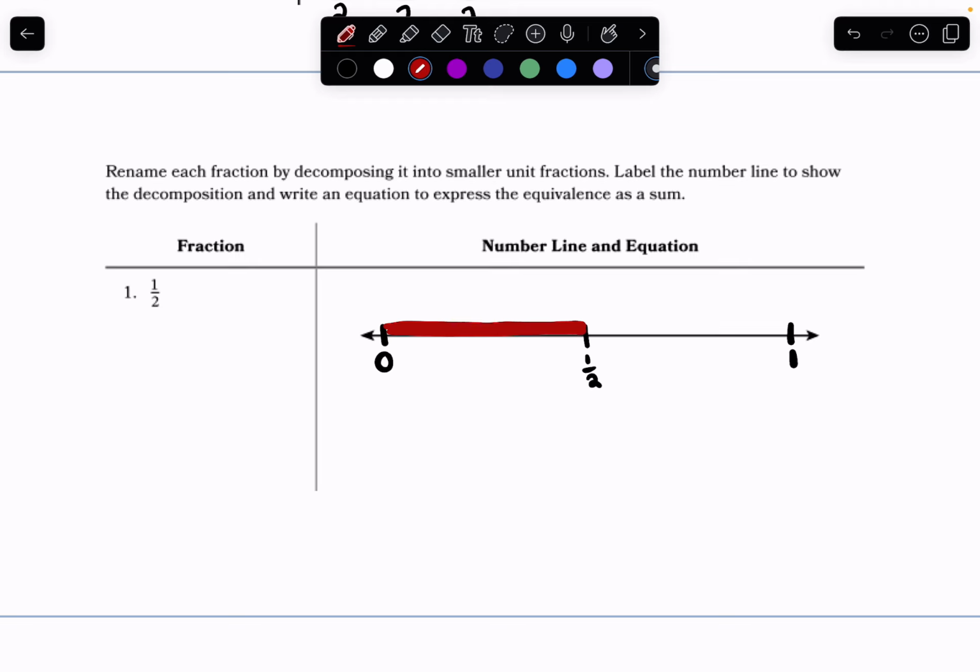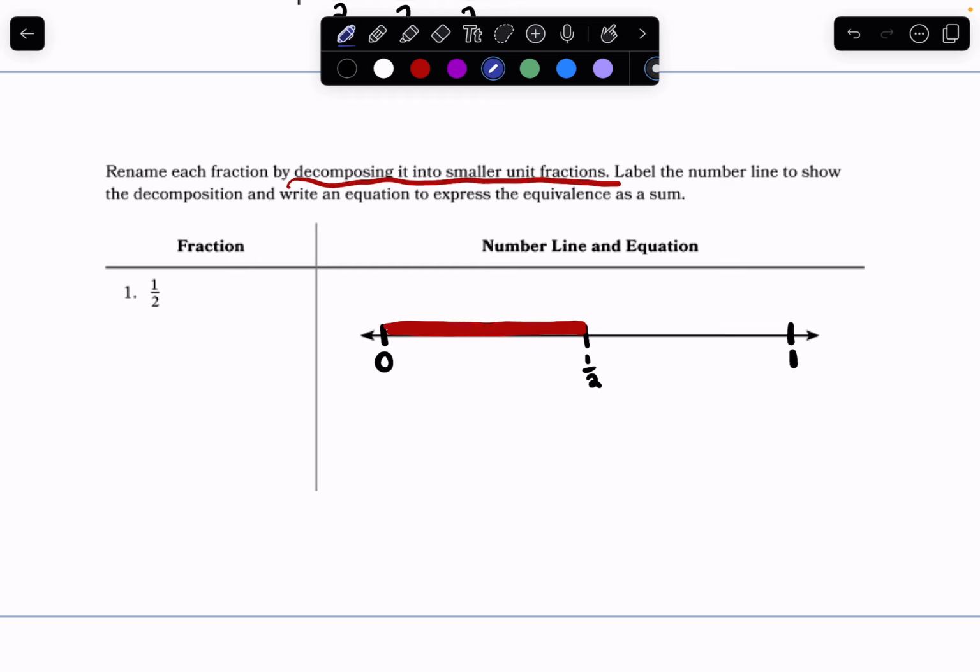Now, for the new part, we have drawn fractions on number lines before, but this time it wants us to decompose into a smaller unit fraction. And I'm going to show you how we're doing that. I'm going to grab a different color, and we are going to break apart 1/2.